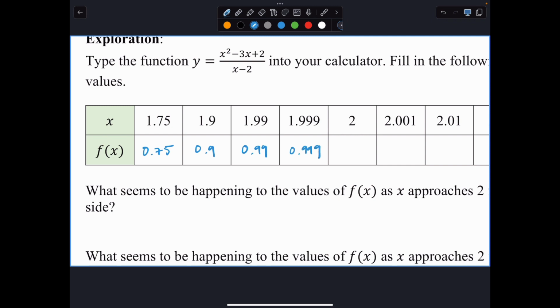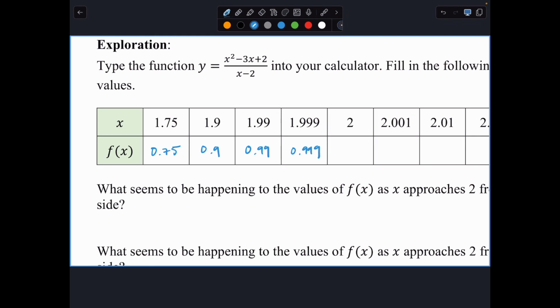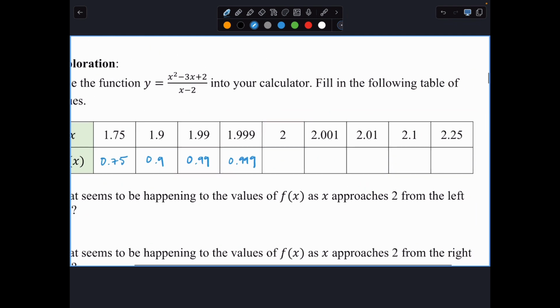So choosing values that are getting closer and closer to 2 from the left, but then 2 is undefined. So at x equals 2, that rational function is undefined. At 2.001, we get 1.001, then 1.01, 1.1, 1.25.